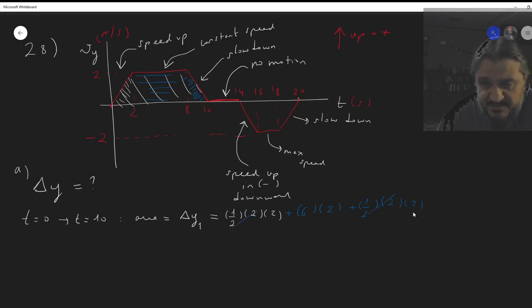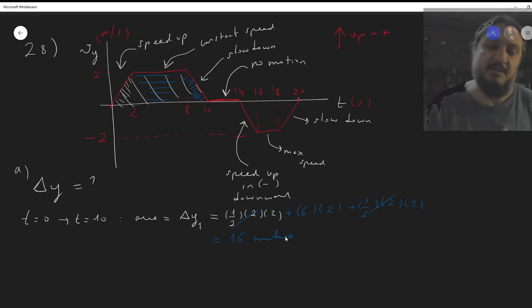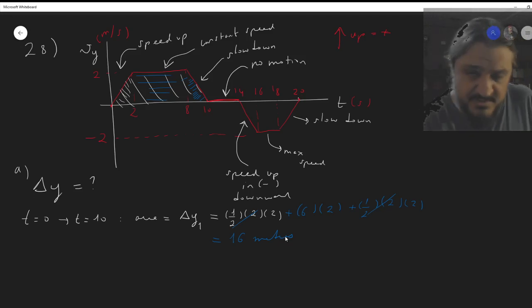So 2 plus 12, 14 plus 2, 16. Meters. Alright, so that's 16 meters above.